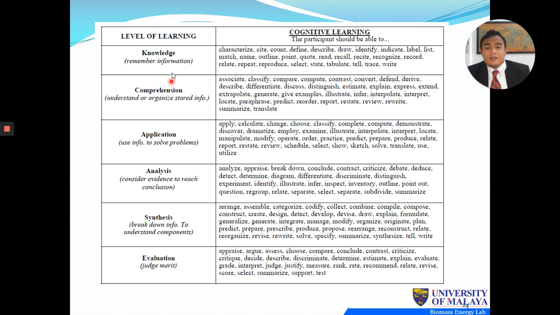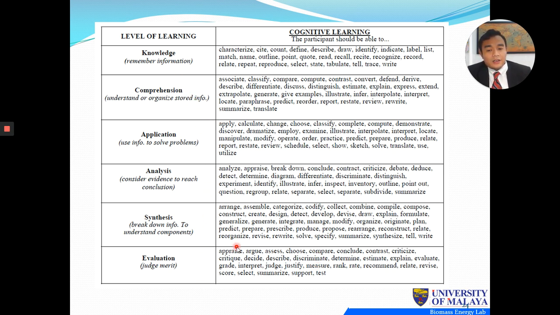As you can see in the Bloom taxonomy, from level 1 to level 6, you can see the action verbs that you could use in your research objective: to characterize, to count, to define. So this is level 1. Normally from research objective 1 to research objective 2 and research objective 3, it will increase from level 1 to level 6.